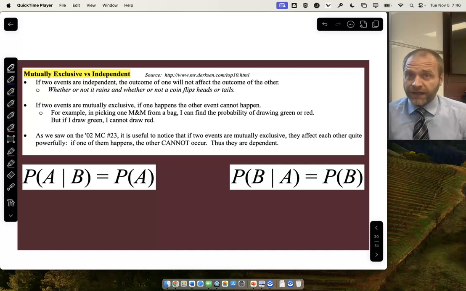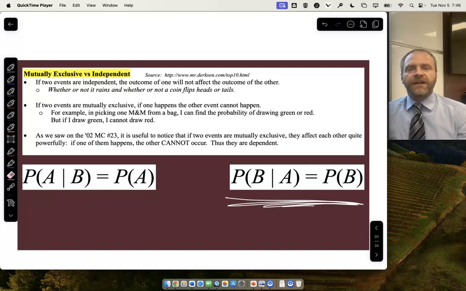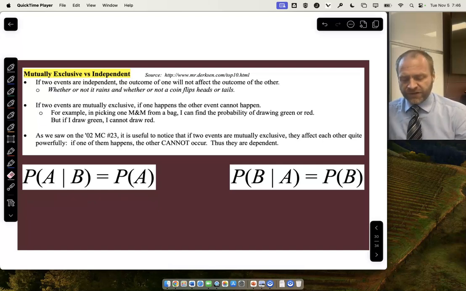But if I draw a green M&M, there's no way I can draw a red M&M because it's green. And so we can see from that previous one how mutually exclusive impacts independence. And you can see the formulas down here to help you understand it a little bit more: your probability has to remain the same. This has to remain the same as this in order for them to be independent of each other.